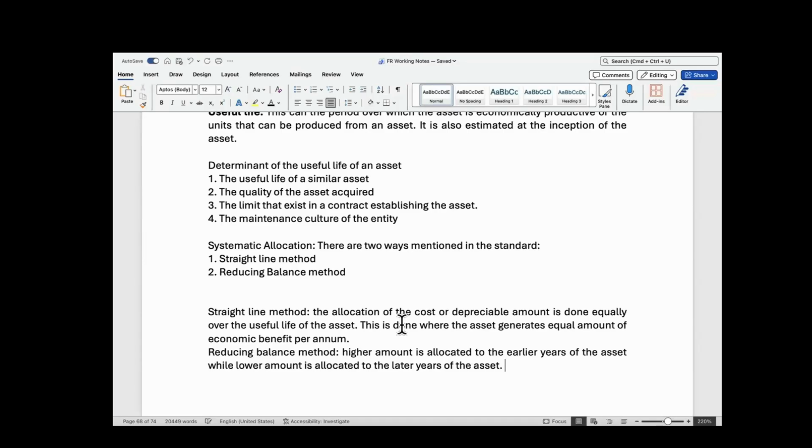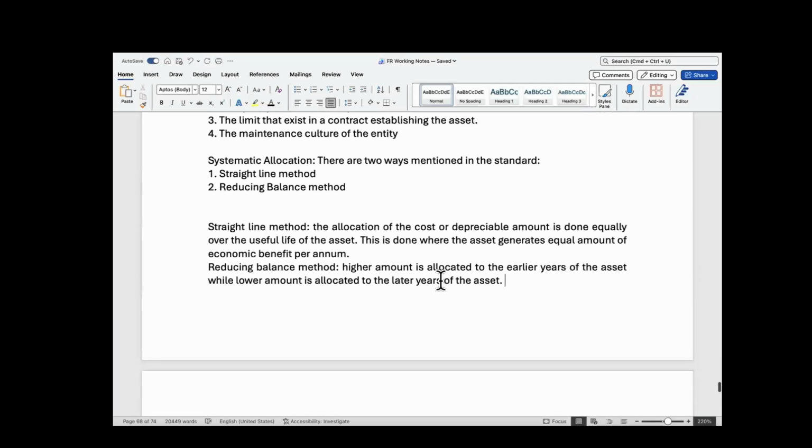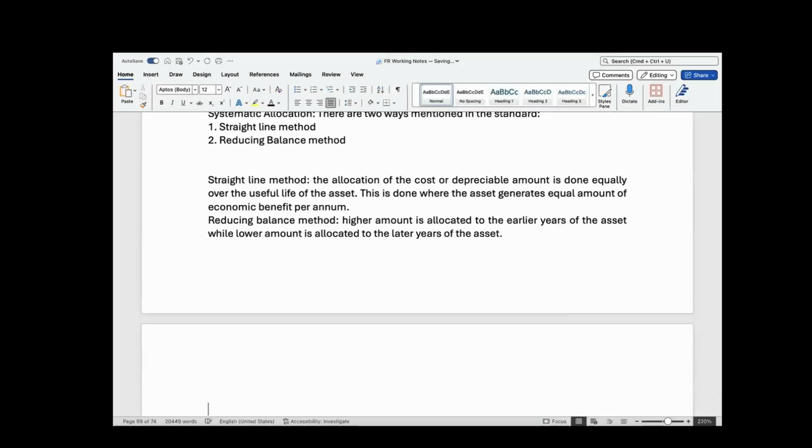At the earlier years, it makes more money. At its later years, it makes less money because it might not be as active as earlier years. So it makes sense that you are allocating much more cost to the earlier years as expense, then in later years where the asset cannot generate so much, you're allocating lower. So it really flows naturally for most assets, right? So reducing balance is more practical.